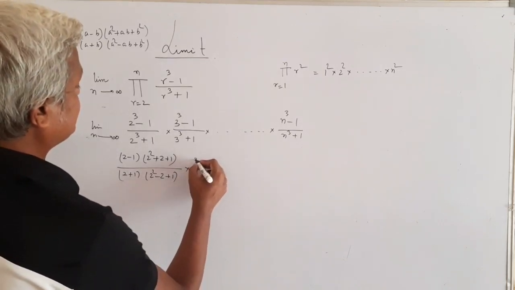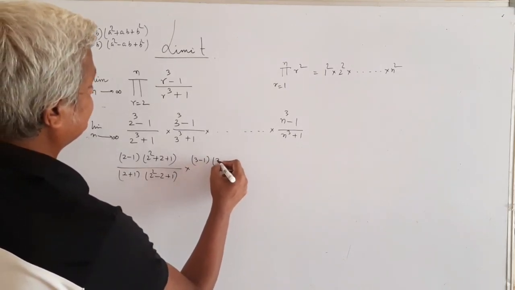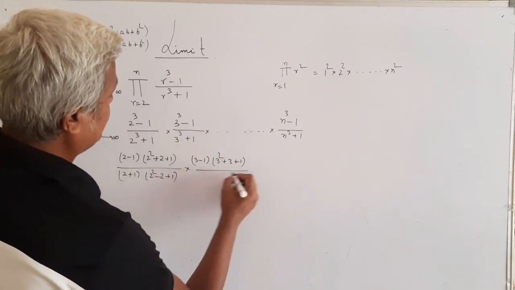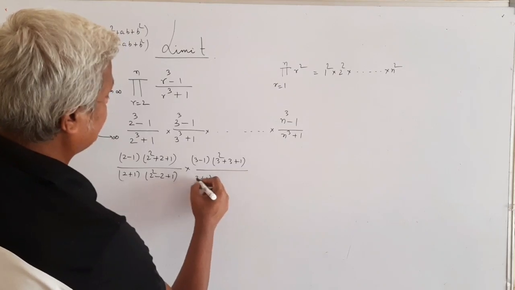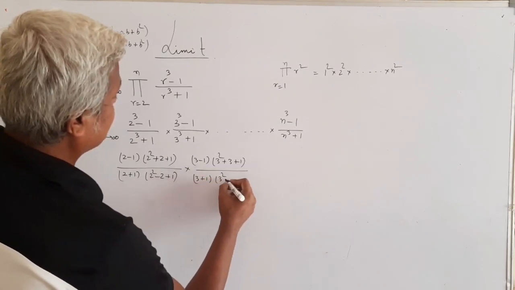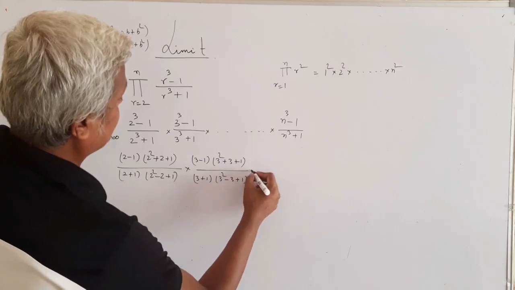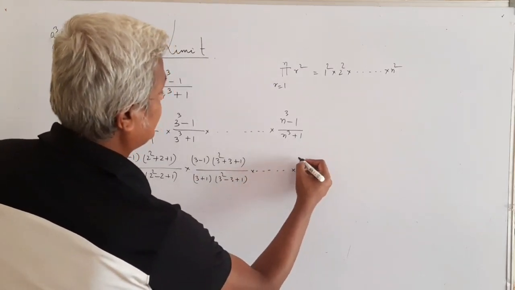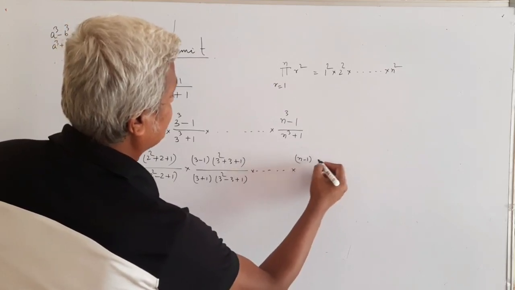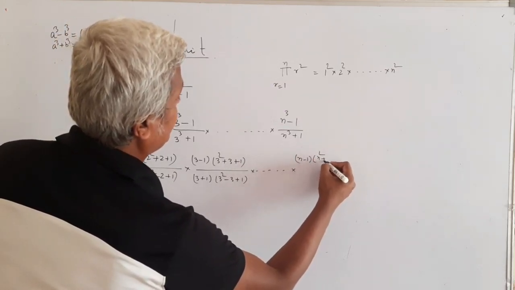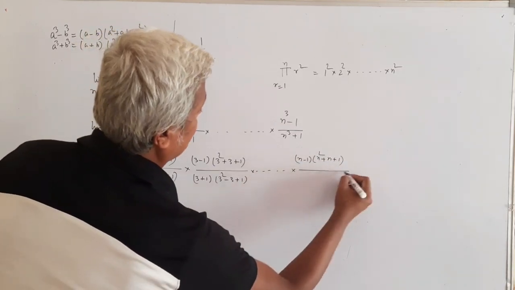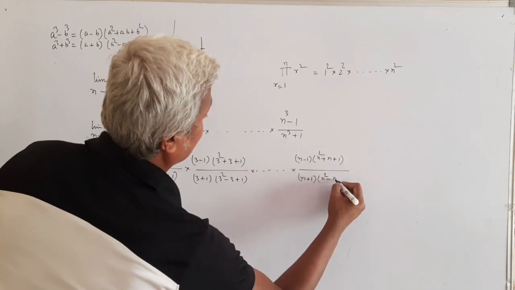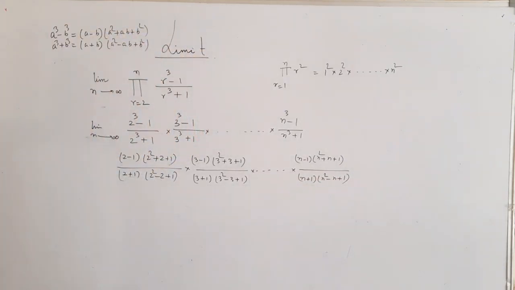Same way, (3 minus 1)(3 square plus 3 plus 1) upon (3 plus 1)(3 square minus 3 plus 1), into dot dot dot, into (n minus 1)(n square plus n plus 1) upon (n plus 1)(n square minus n plus 1).